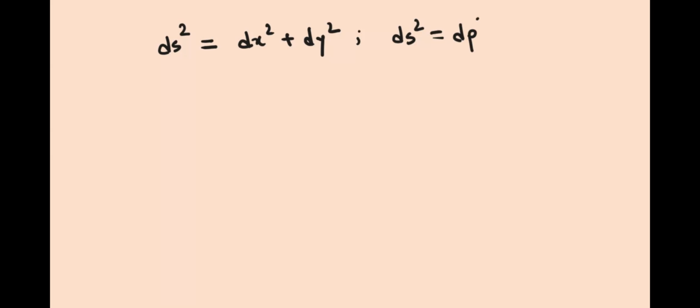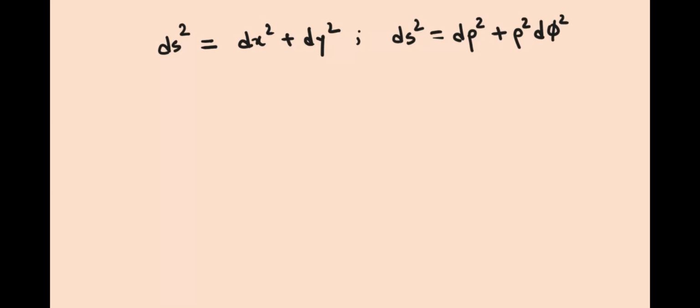So for example, in Euclidean space, you had the formula for differential distance, which was given by ds squared, which is, for example, dx squared plus dy squared, let's say, in Cartesian coordinates on a two-dimensional flat Euclidean space, or perhaps we had it in different coordinates as well. So for example, we could have written it in polar coordinates as d rho squared plus rho squared d phi squared.